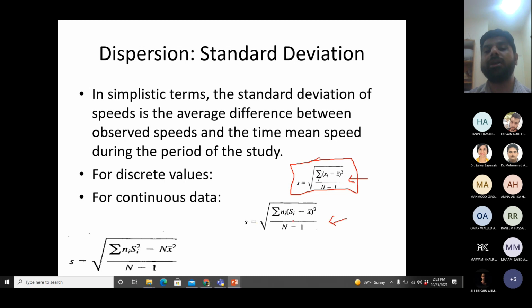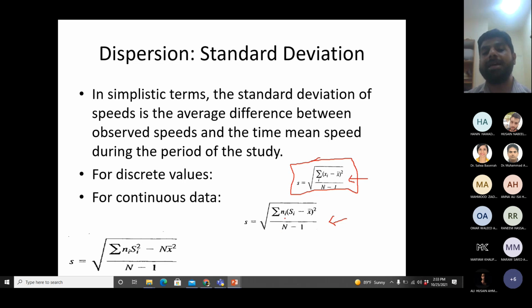Small n is the number of values in each group, capital S is the middle speed of the group, x bar is the mean speed of the data set, which we already calculated just a few minutes ago, and capital N is the total number of values in the data set.